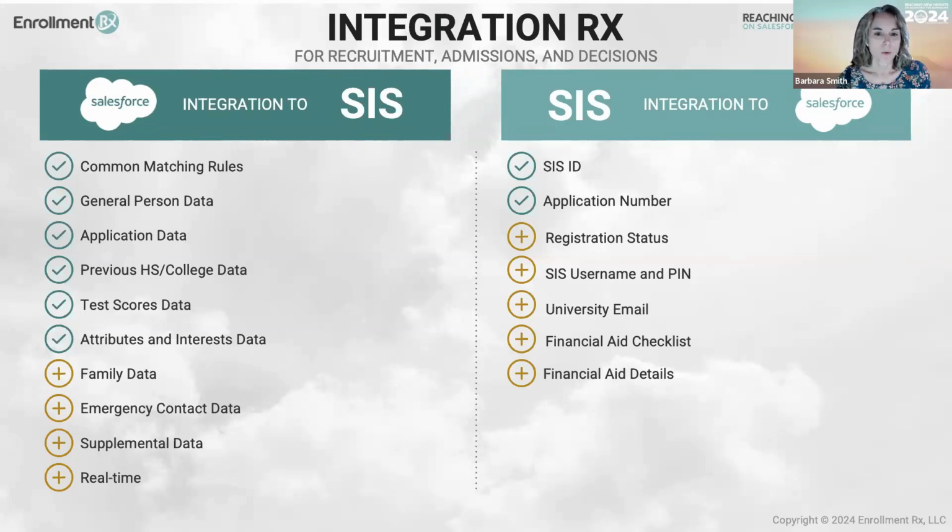So real time, I would say 10% of our clients will use real time to supplement. We still use the batch process to make sure we have a really reliable bi-directional integration between your CRM and your SIS. Excellent. Great, Barb.